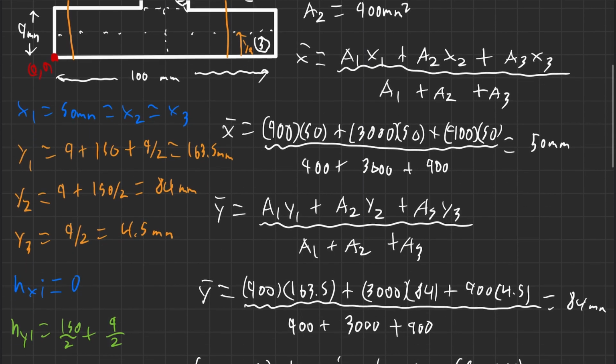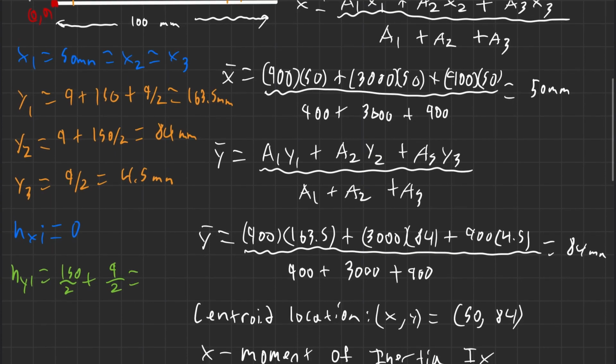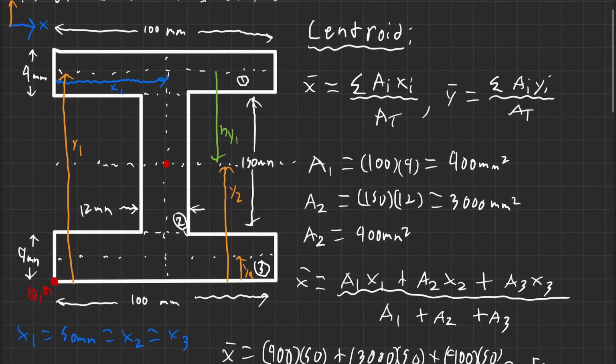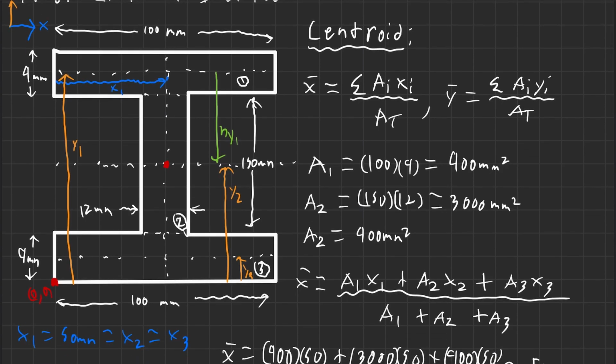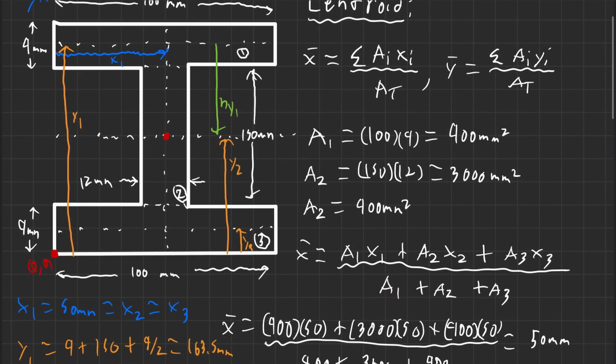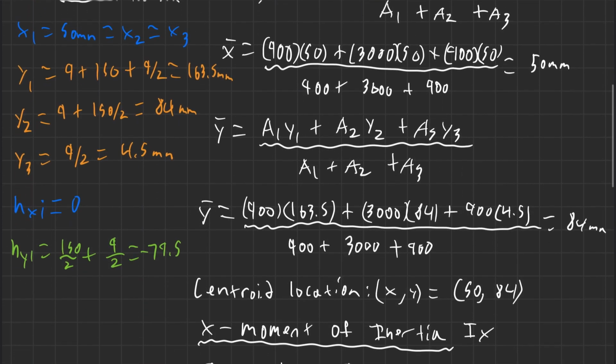So you add those together and you get 79.5. Now, one thing you need to be careful of when doing the h's is, because this is going down towards the centroid, that needs to be negative. So we'll add a negative there.